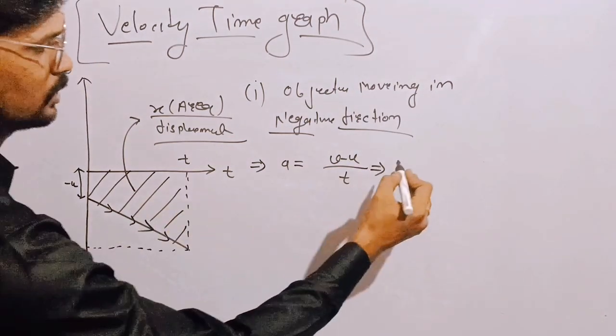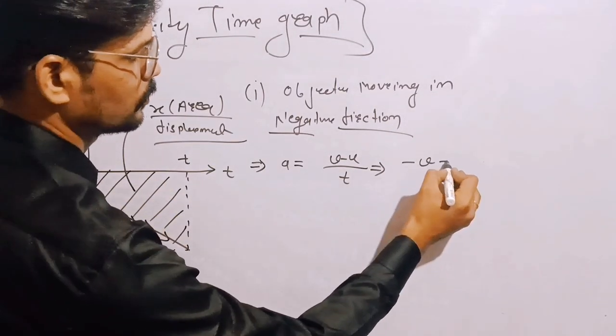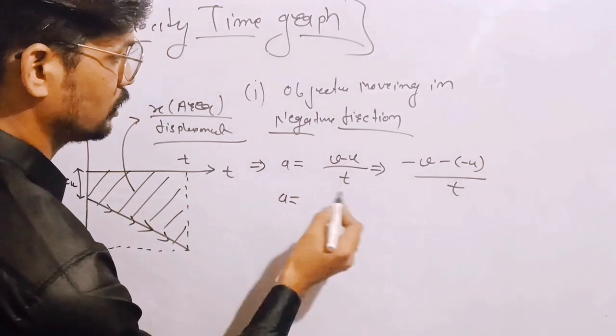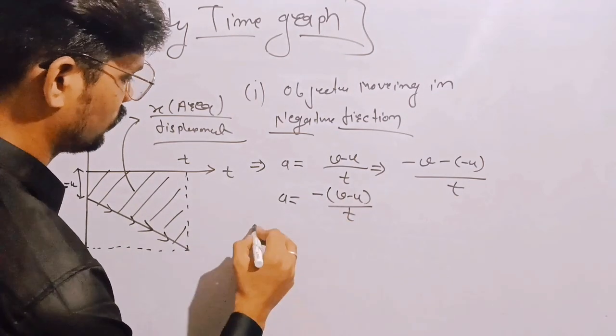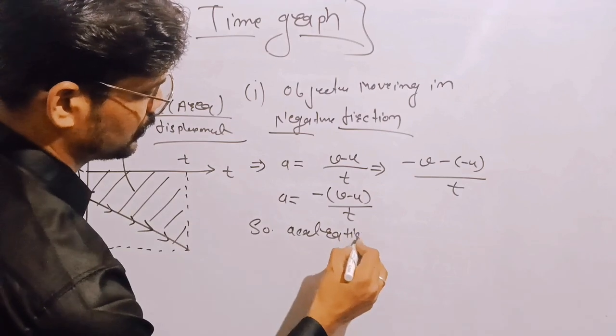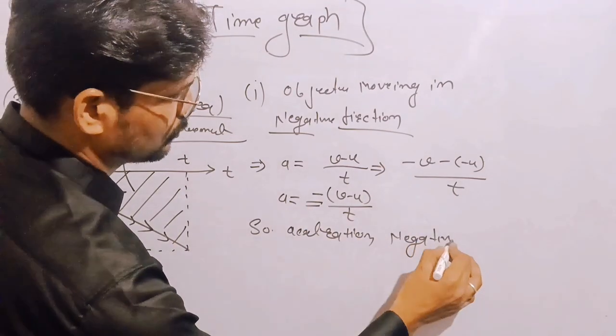So final velocity is minus v and initial velocity is minus u upon time t, 0 to t. So a is equal to, minus is common, v minus u upon t. The acceleration is negative because the negative sign is obtained.